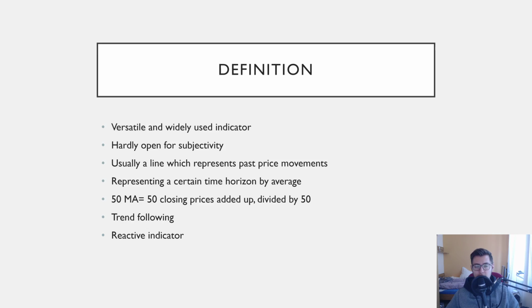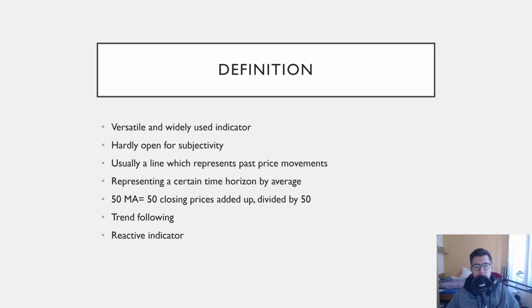It's actually hardly open for subjectivity because it's a programmed line on the indicator on the chart, and you can't argue whether or not it is a triangle or wedge, for example, of course.